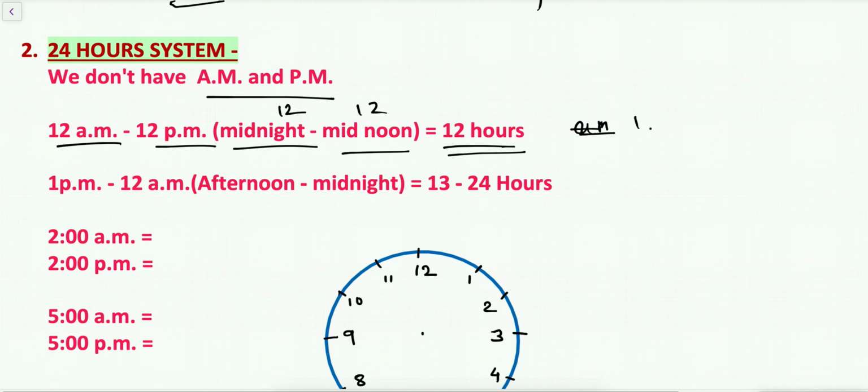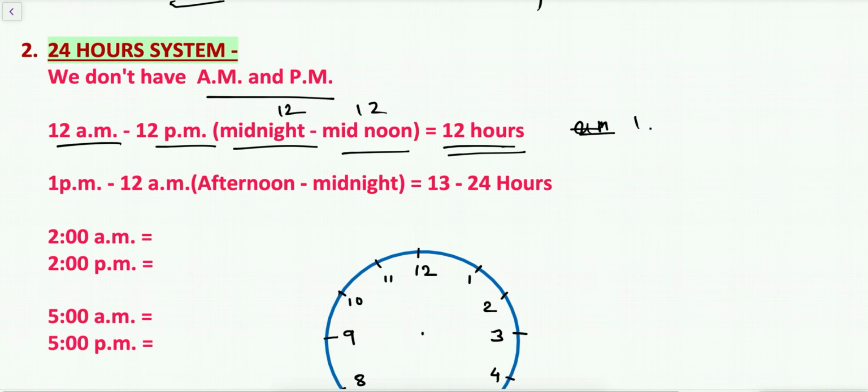So 1 hour is equal to 3600 seconds. So 3 hours will be 3 into 3600 seconds, so it is 10800 seconds. So this is the conversion of hours into seconds.